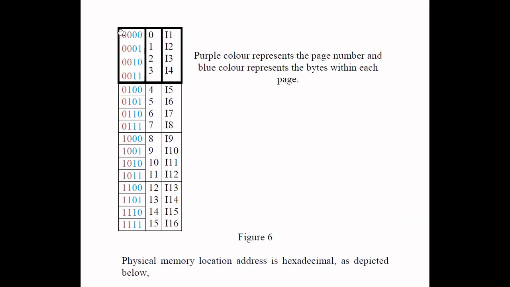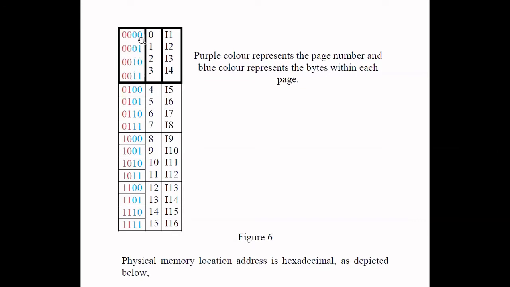I have just given a diagrammatic representation of how the logical address can be presented. With respect to the logical address over here, we have 4 bits altogether, as I was mentioning just now. The purple color 2 bits represents the page number, and the blue color 2 bits represents the byte within the particular page. That's what I was mentioning till now.